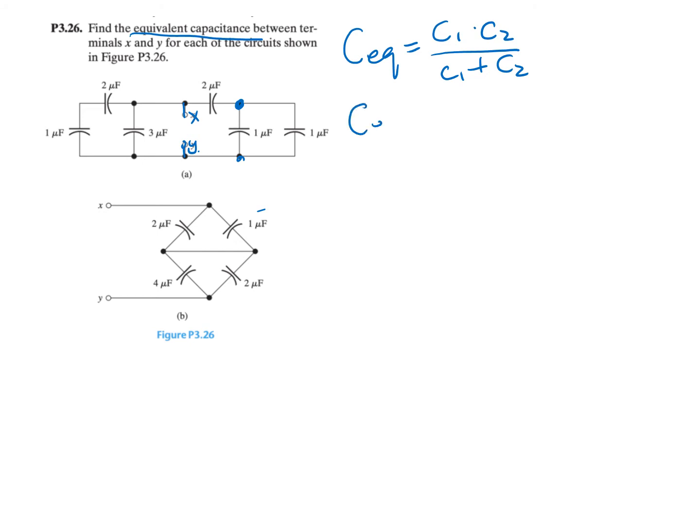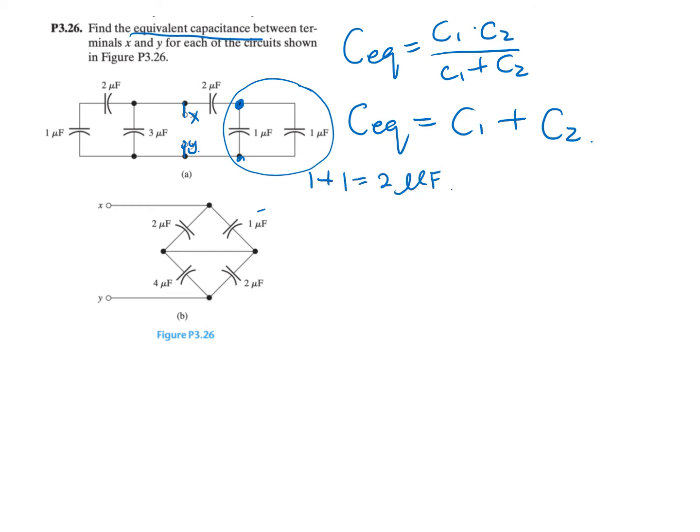And if they are connected in parallel, we have C1 plus C2. That's the opposite of what we do for resistors. So here, to combine these two in parallel, we directly add 1 plus 1, that's 2 microfarads. But for these two connected in series, we have 1 times 2 over 1 plus 2. So that's 2 over 3 microfarads.